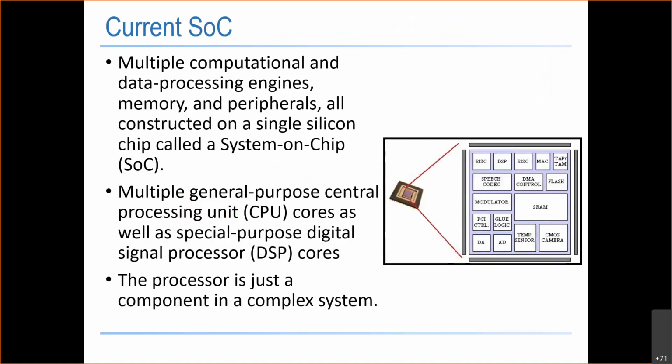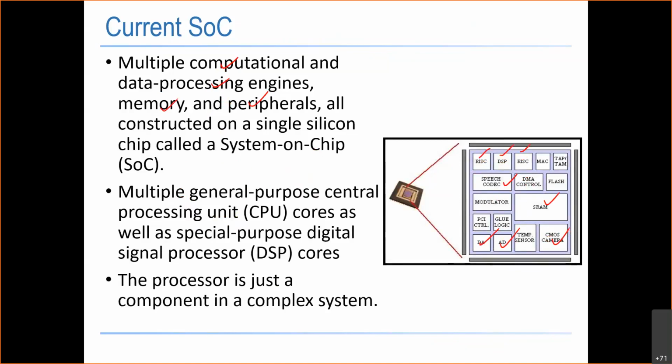Inside the same chip, we have things like computational engines, data processing engines, memory, and peripherals. This is just an example. You have a speech codec, SRAM, digital to analog and analog to digital converters, and a CMOS camera. What else? A RISC processor, a DSP processor, and so on. So everything is inside the same chip.